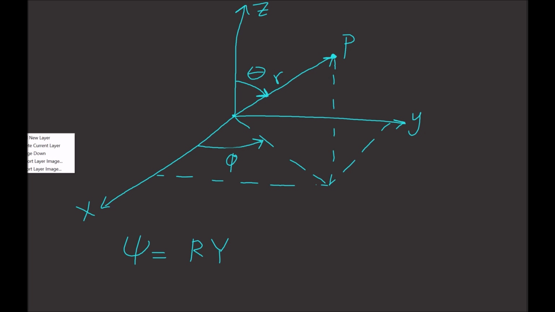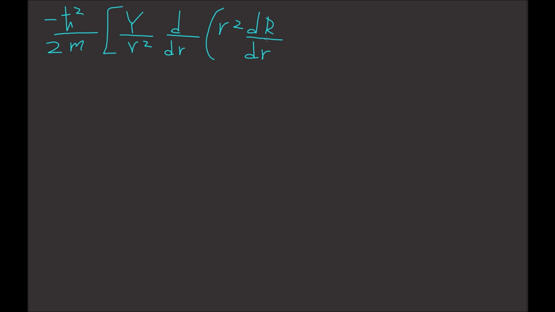When we do this, we get minus h bar squared divided by 2m times Y, because Y is a function of theta and phi, so we just put it outside, divided by r squared, the derivative with respect to r of r squared times dR/dr. Remember, this R function is a function of r.